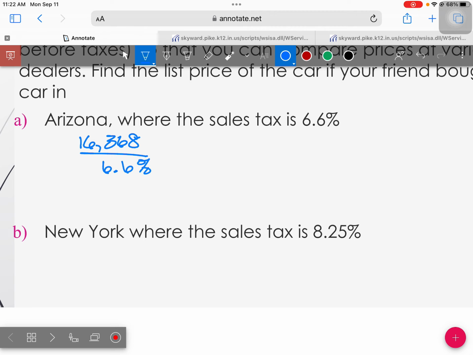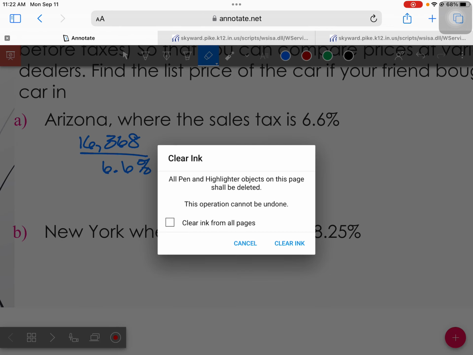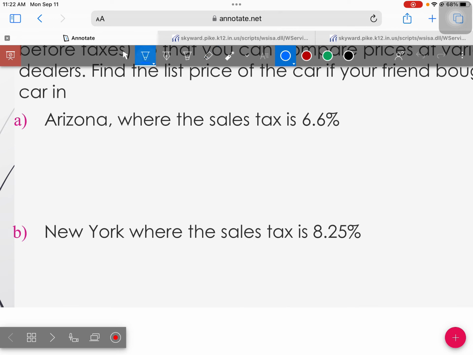Jeremiah is saying 6.6x is equal to $16,368. Oh, 68, my bad. Thank you.